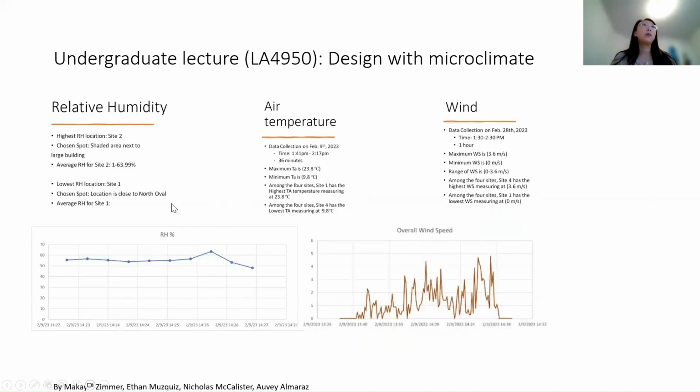We ask students to produce or draw graphics for relative humidity or wind, and also write a report for their data collection. They tell us their data collection time, location, duration, maximum, minimum, and average. They do those kinds of basic analysis.